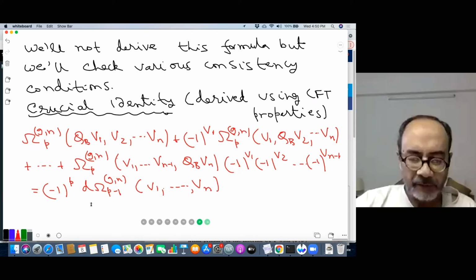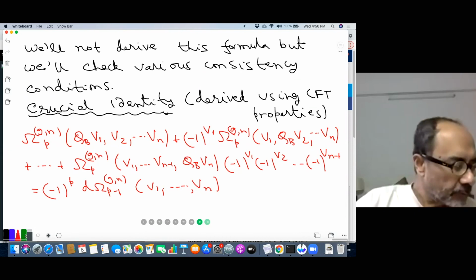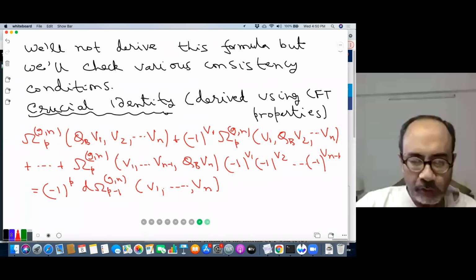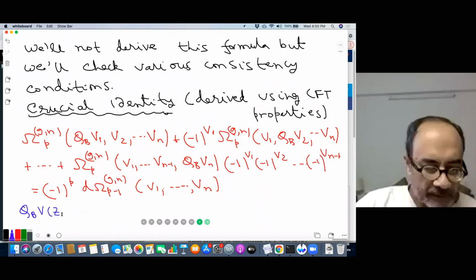Now here one notation I should say: what is QB V1? QB V of Z, Z bar. This is a local operator evaluated at Z, but this by definition is the integral over w.